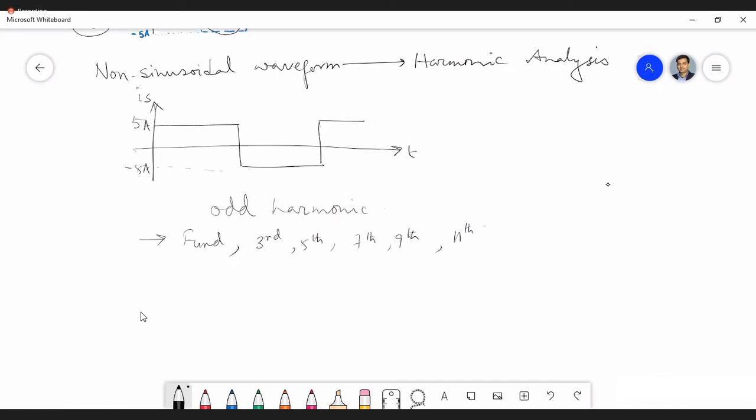We have assumed that utility is giving you a perfectly sinusoidal voltage source, but you are the person who is inserting that harmonics into the line current.